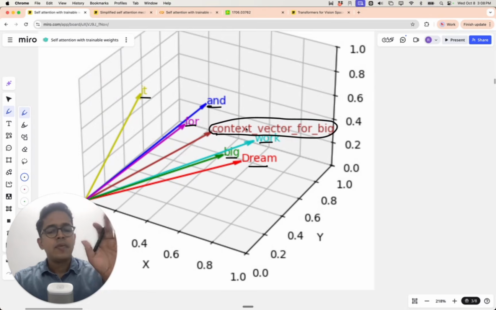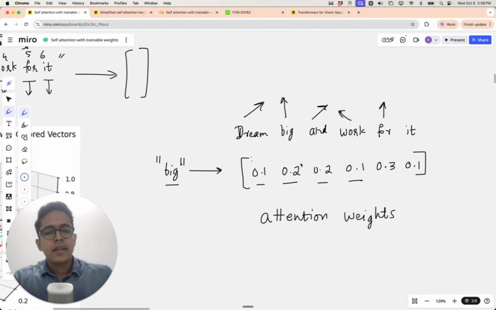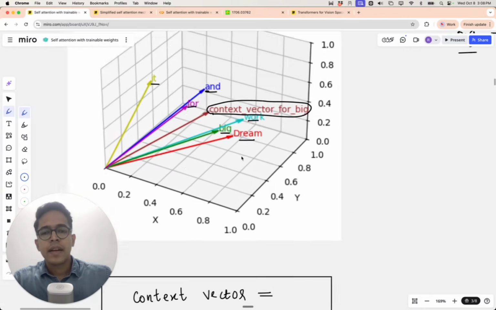But you must have noticed one thing. We know that in large language models, training the model is a big deal. But here in this attention calculation, in the self-attention calculation, there is no training involved. There are no weights that are trainable. The dot product is simply taken between the vectors which we already have.